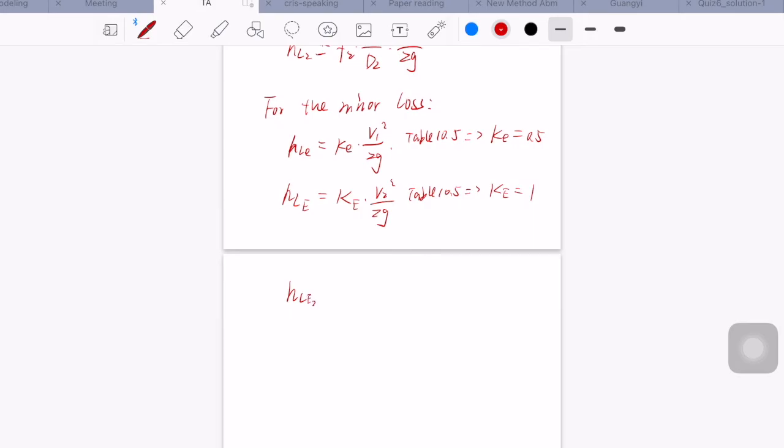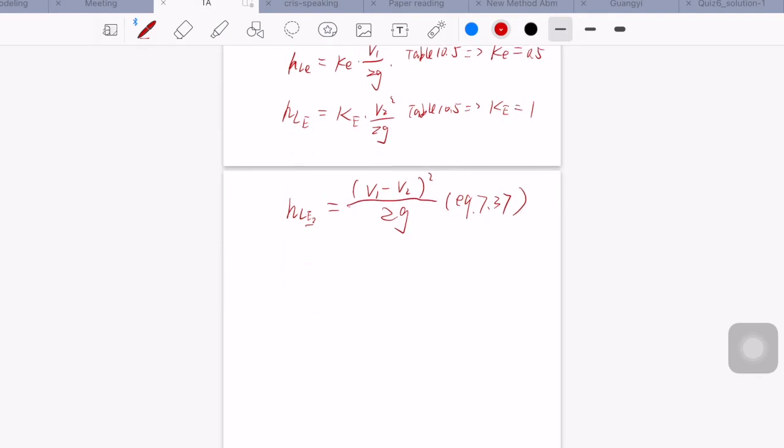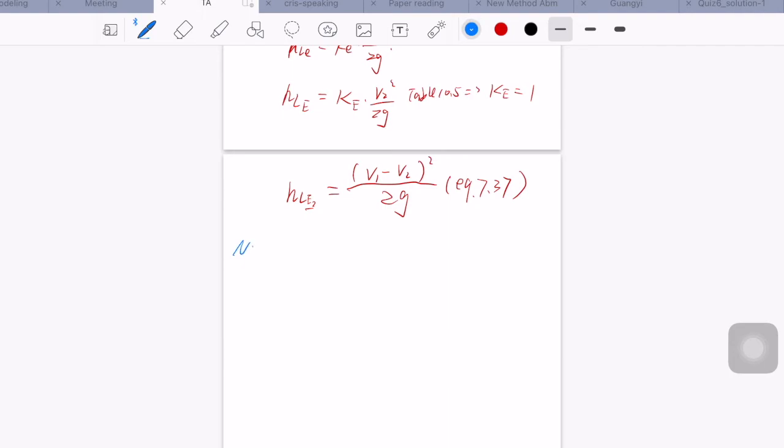This means that the head loss for the sudden expansion should be equal to V1 minus V2, squared, divided by 2g. Actually, this is equation 7.37 in your textbook.